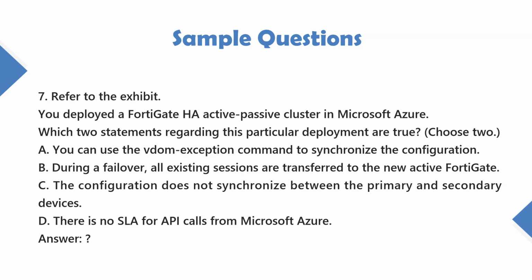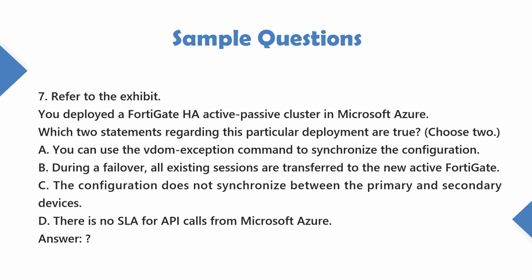7. Refer to the exhibit. You deployed a FortiGate HA active-passive cluster in Microsoft Azure. Which two statements regarding this particular deployment are true? Choose two. A. You can use the vdom exception command to synchronize the configuration.